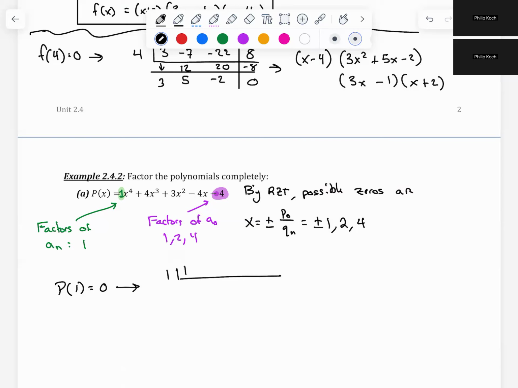So 1x to the 4th, 4x cubed, 3x squared, negative 4x, and negative 4.